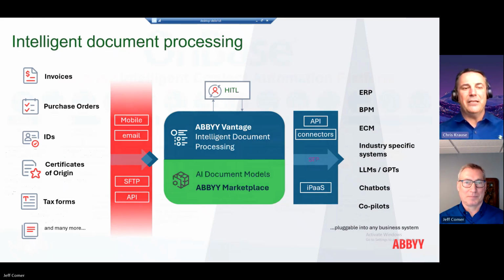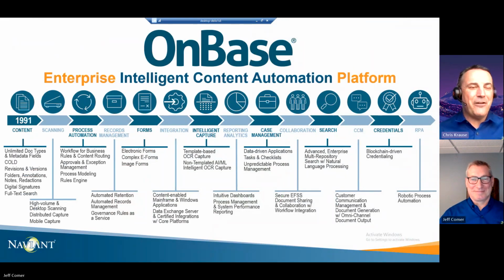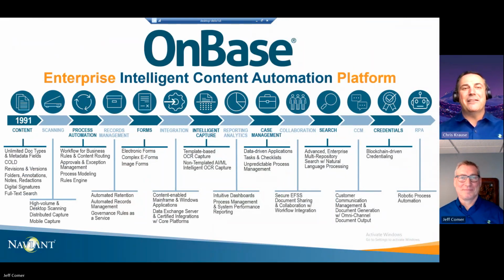And speaking of OnBase, our second piece of technology that many of you may already own or use is OnBase Intelligent Content Automation. You may have started off as just a simple scan, store, retrieve, or you may have layered in some OnBase workflow, the forms, records management, and even WorkView for case management.